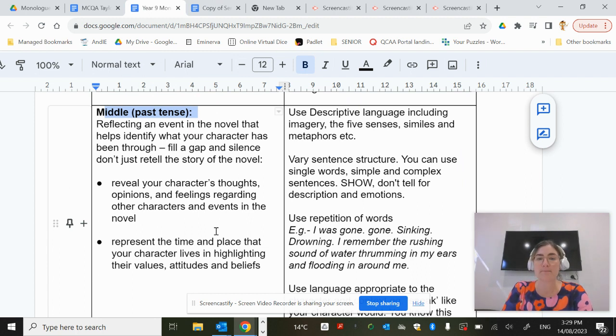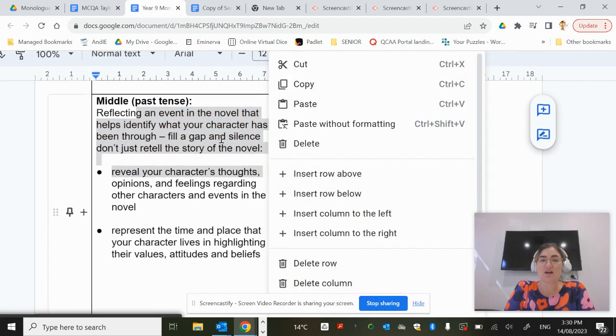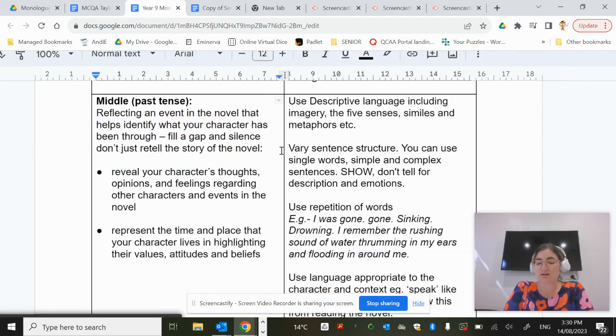They're starting to remember things that have happened in the past that may reveal something about them, about another character, or something that's happened in the story. Now, this is where you fill a gap or a silence. It's really important that you don't just retell the story. You have to add something in there that your audience doesn't already know, which is your purpose.